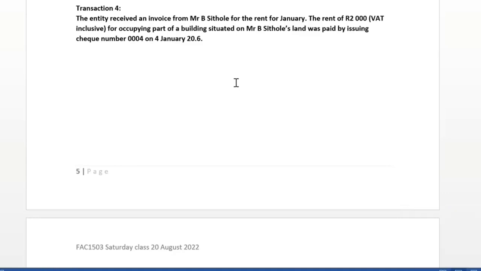The entity received an invoice from Mr. Bisitole for rent for January. The rent of 2,000 VAT inclusive for occupying part of a building situated on Mr. Bisitole's land was paid by issuing a check number 0004 on the 4th of January.